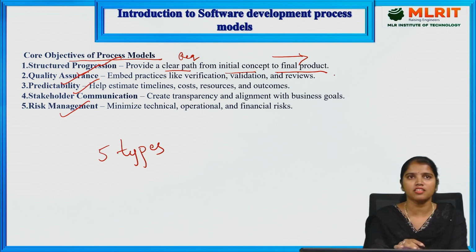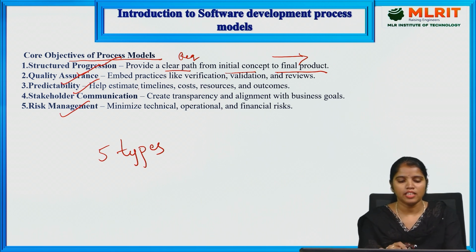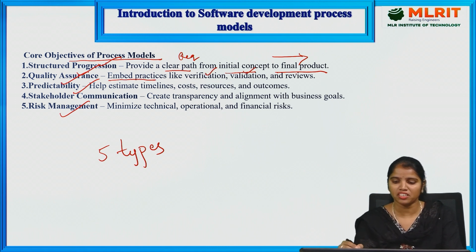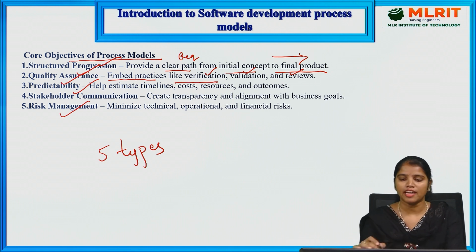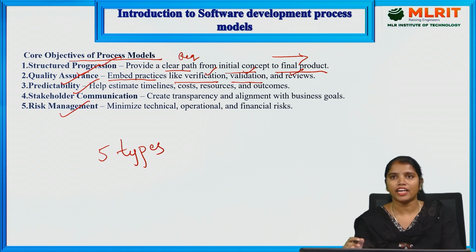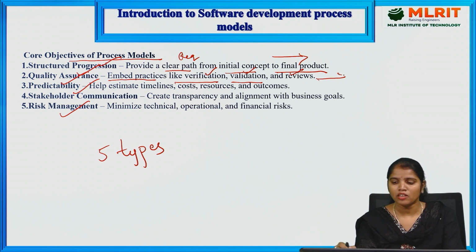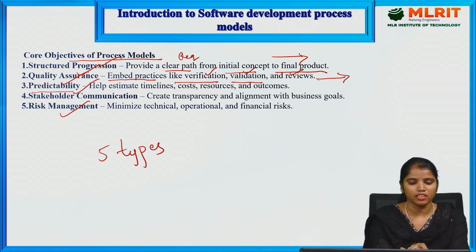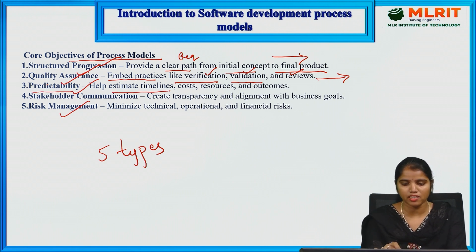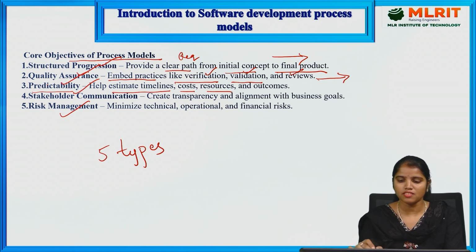Next, quality assurance. It embeds practices like verification, validation and reviews. When we are creating a project, it checks the verification and validation of the project, and also collects reviews from the customers. That entire process is done by the quality assurance team. Now predictability. It helps estimate timelines, cost, resources and outcomes.